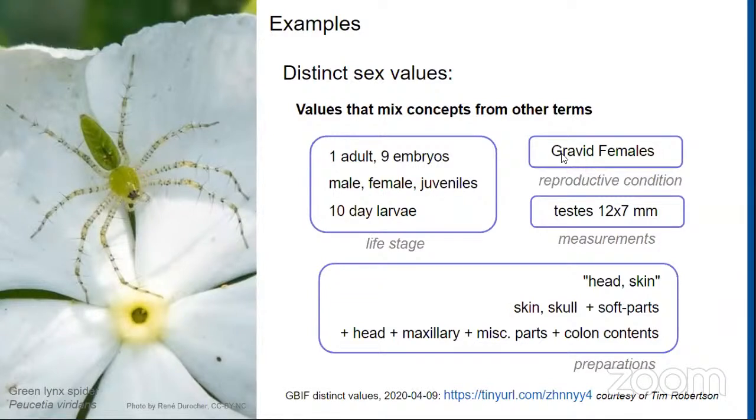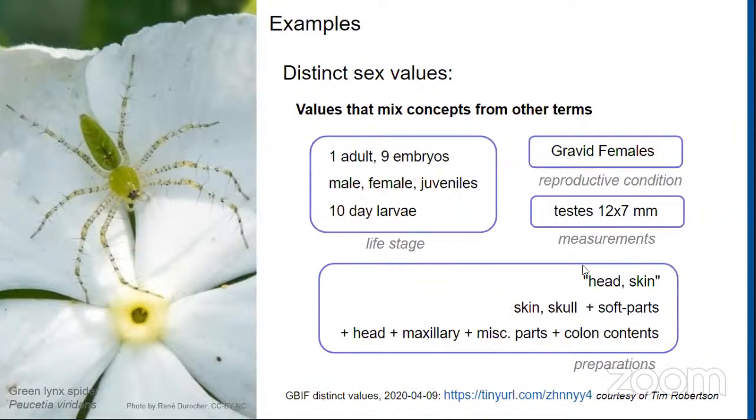Also, we have, for example, gravid females, where we have mixed information about the sex and the reproductive condition. And then we find things like measurements that are not directly a sex. We can infer that if it has testes, it's a male, but it really doesn't say it. So this is actually data about measurements.